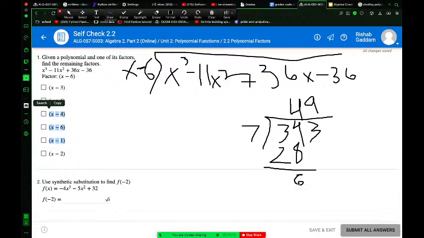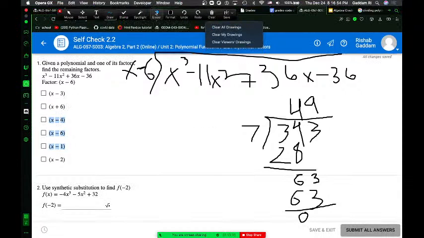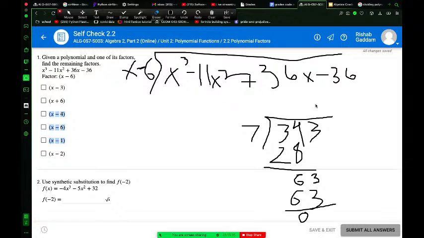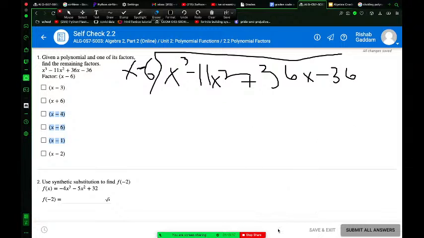Yeah, good job. And then you have 6 left, so it's 64. And 7 times 9 is 64. Yeah, so basically you just kind of do the same thing for this, except with like polynomials.